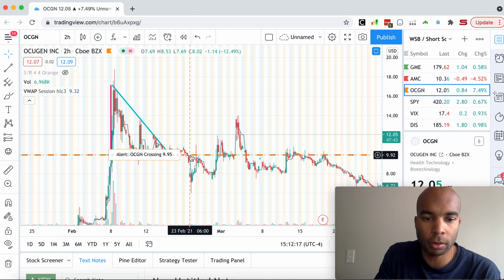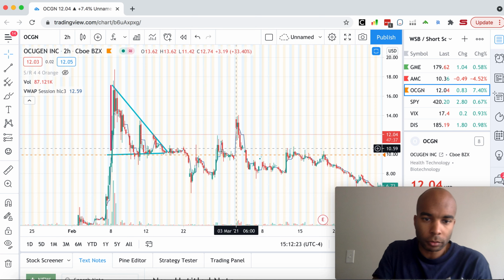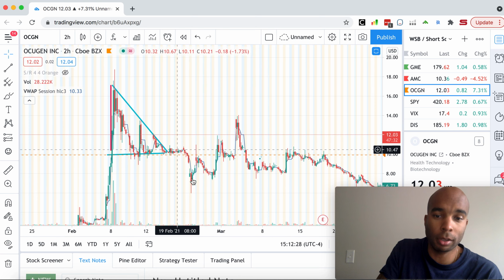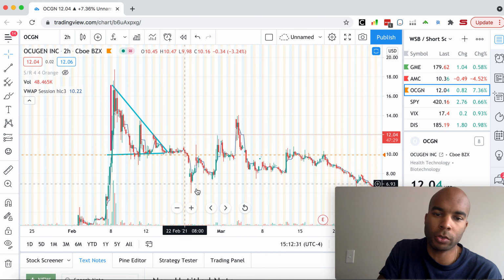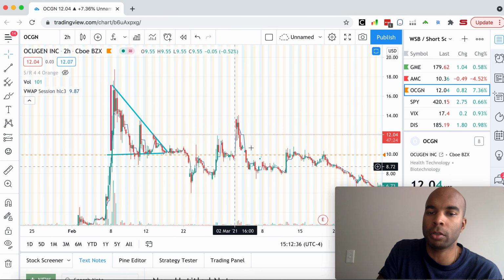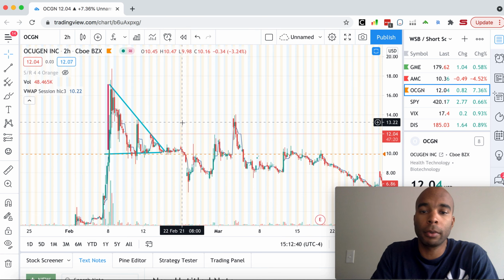It took until February 23rd to do that, which is still a good guess. So you could have made some really good coin on the way down. And then when it dropped, you could have waited and let it bounce back up, and ridden it on the way back up. So you can make money both ways, when it goes down and when it goes up.